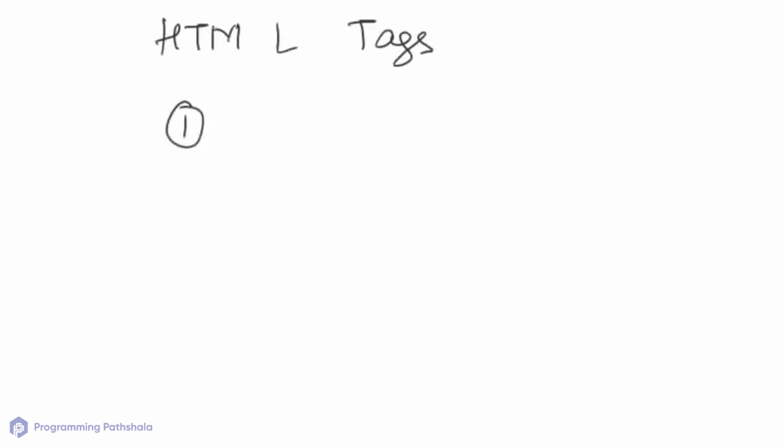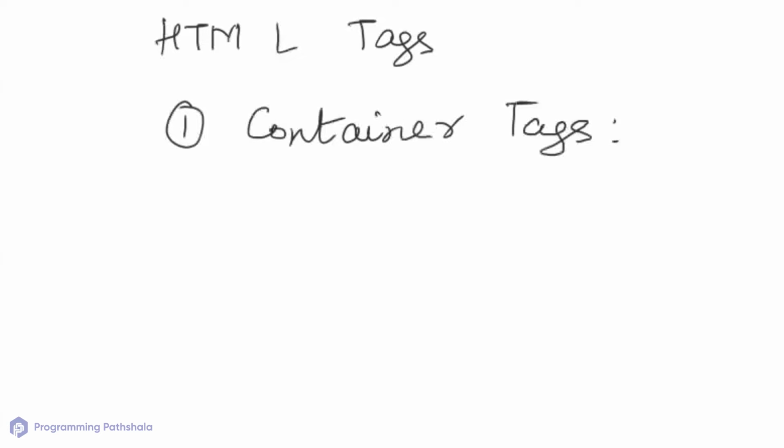First type of tags are called container tags. What this simply means is that these tags can have other tags inside them. As an example, the first tag that we discussed, HTML, can contain other tags inside it.